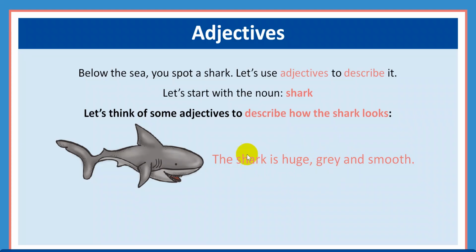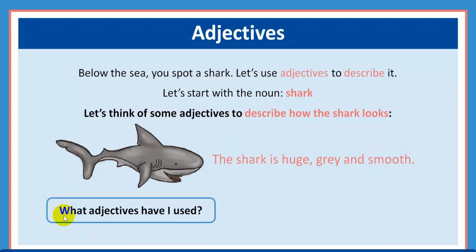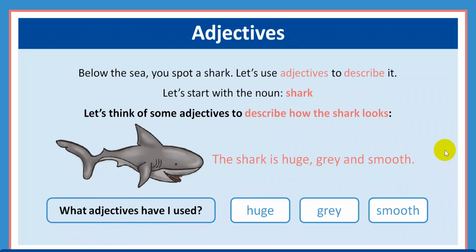Gray. The shark is gray. So gray describes the color of the shark. And smooth describes the texture of the shark. So what adjectives have I used here? Huge, gray, and smooth. The three adjectives are used to describe the shark, which is the noun in this case.